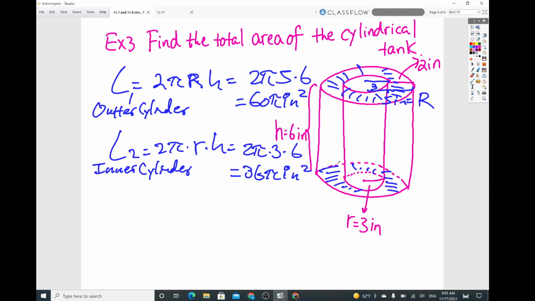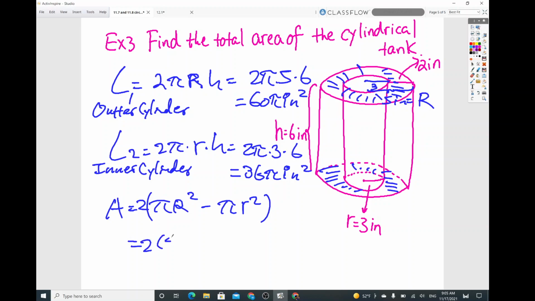And then after that, we want to find the area of the shaded region bounded by the inner base and the outer base, the circular bases right here. So the area is pi times capital R squared minus pi little r squared, and then the whole quantity times 2, because we have the upper base and the lower base.